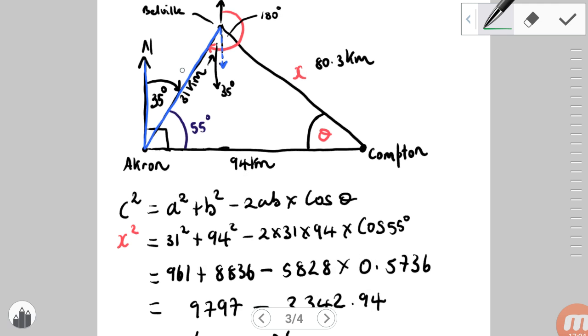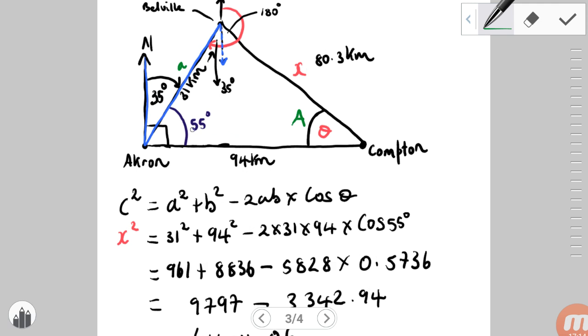I could perhaps choose 31 to be my a. So the angle which I'm looking for, that is in front of small a, becomes big A. Then we can name this opposite side b, and we have the angle facing it, which is big B. All right, so we're good to go.